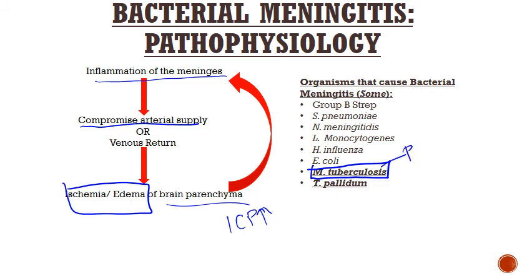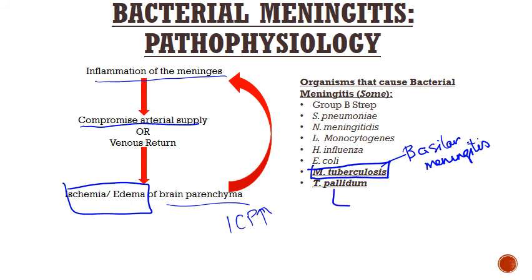It causes a basilar meningitis, basically a meningitis that is taking place around the base of your brain. So when TB causes meningitis, you get these tuberculomas within the brain parenchyma, and these focal lesions are granulomas within the brain, made primarily of multinucleated giant cells. And if you look in the course notes, I've got a nice pus-filled picture of basilar meningitis.